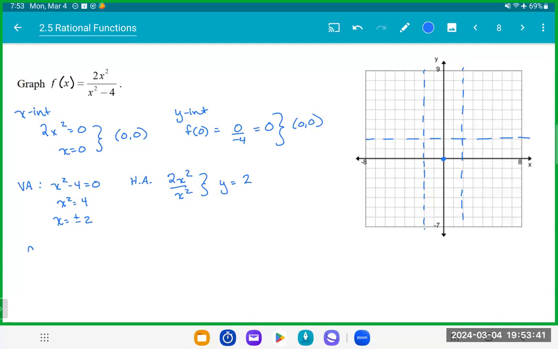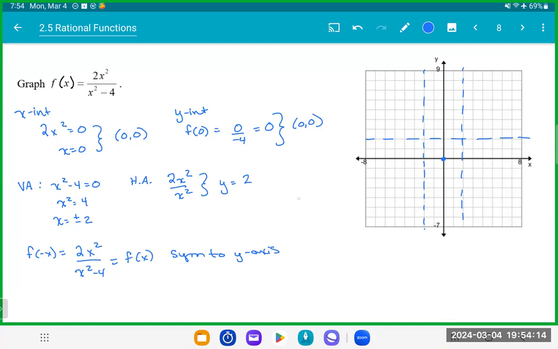So we have f of -x, and that is 2x squared over x squared minus 4, which is equal to my original equation. So I have symmetry to the y-axis. Okay, so that means if I fold it on the y-axis, I am going to get the same thing on the left as I have on the right.